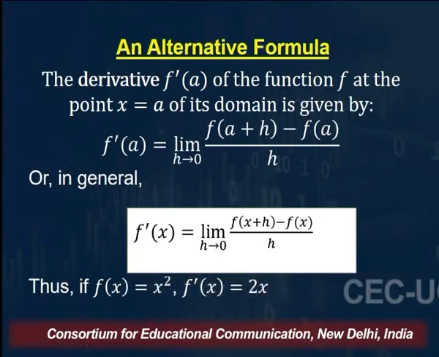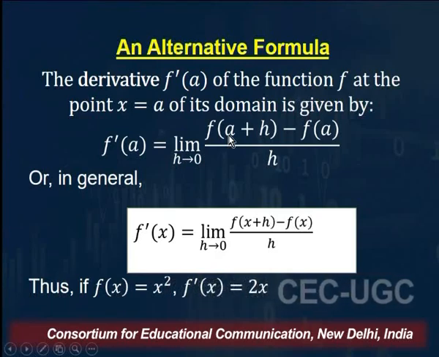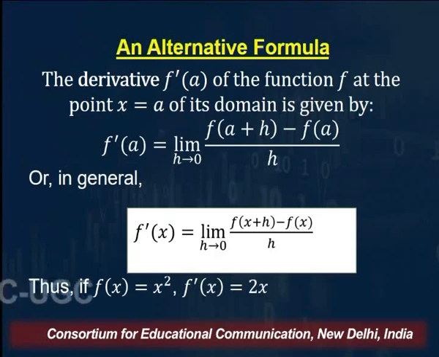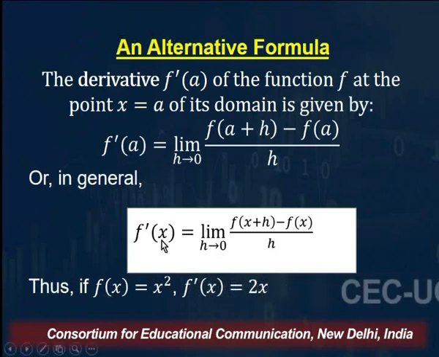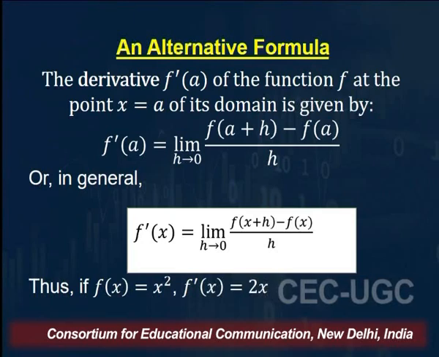Now, because here we're talking of a specific point a, we have put a here in brackets. But if I bring in the symbol x, which can denote any value, then that is also another way of writing the formula for f prime of x. So f prime at x then becomes the limit of f of x plus h minus f of x divided by h.